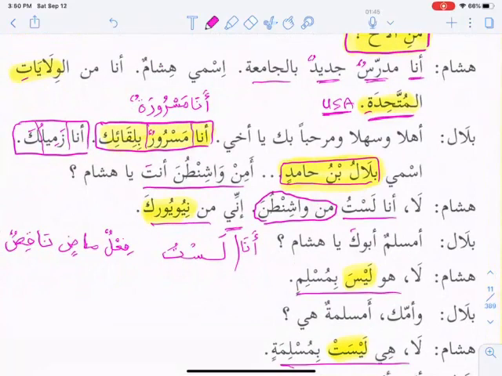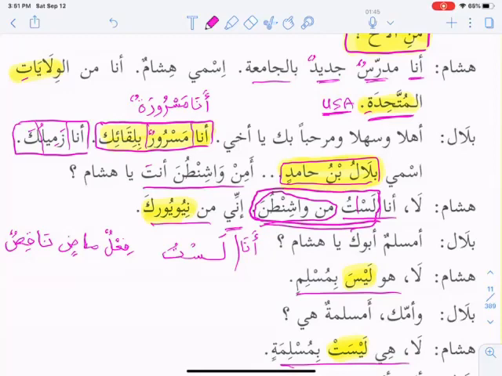Here, my brother and sister, ana is mubtada, and las is your madi, and tu is your ism Laysa, min Washington is your khabar Laysa. And this whole sentence is your khabar for ana.